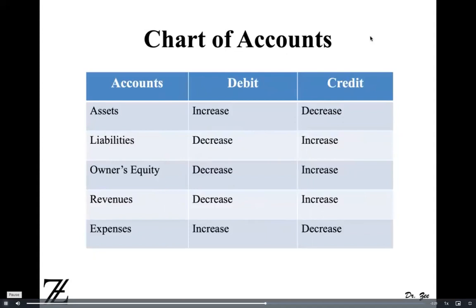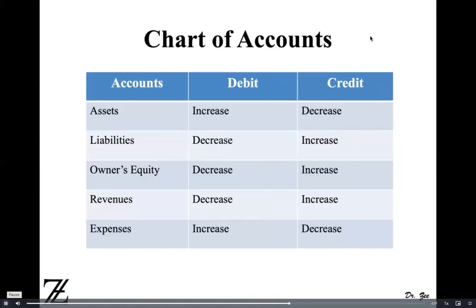So what does that mean? That means that when assets increase, we debit, right? And since liabilities have a credit balance, when liabilities increase, we credit. When owner's equity increases, we credit. When revenues increase, we credit. When expenses increase, we debit. So if you are bringing more cash into the business, cash is increasing, which means assets are increasing because cash is a type of asset.